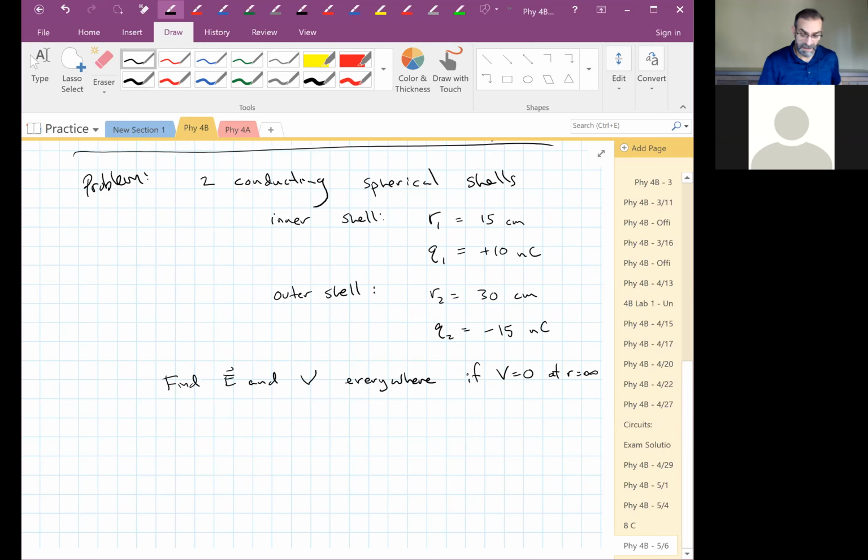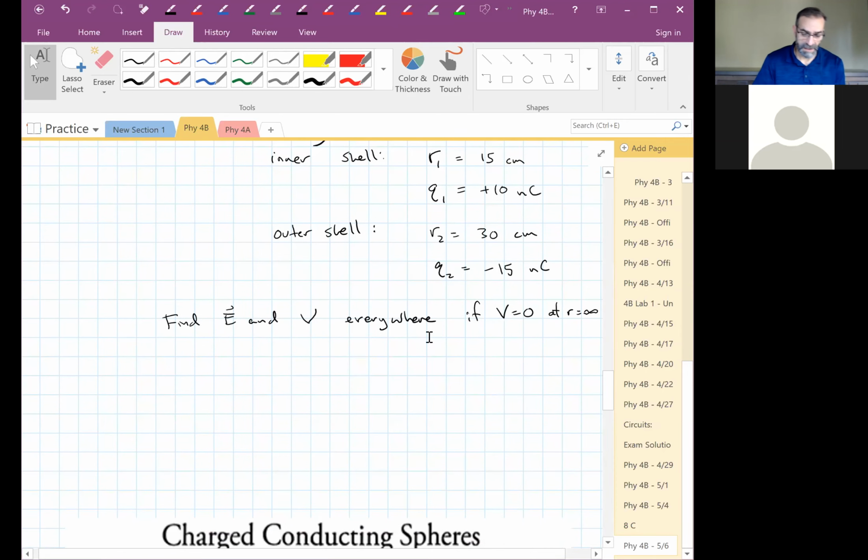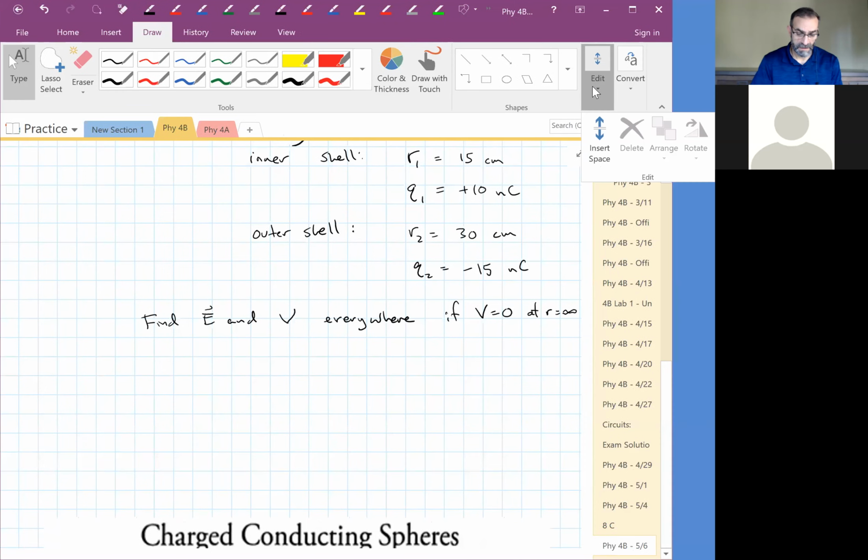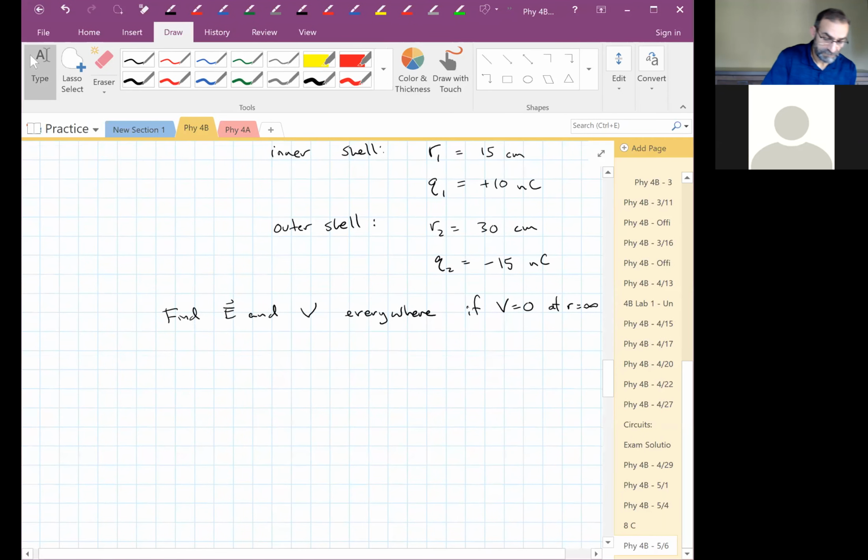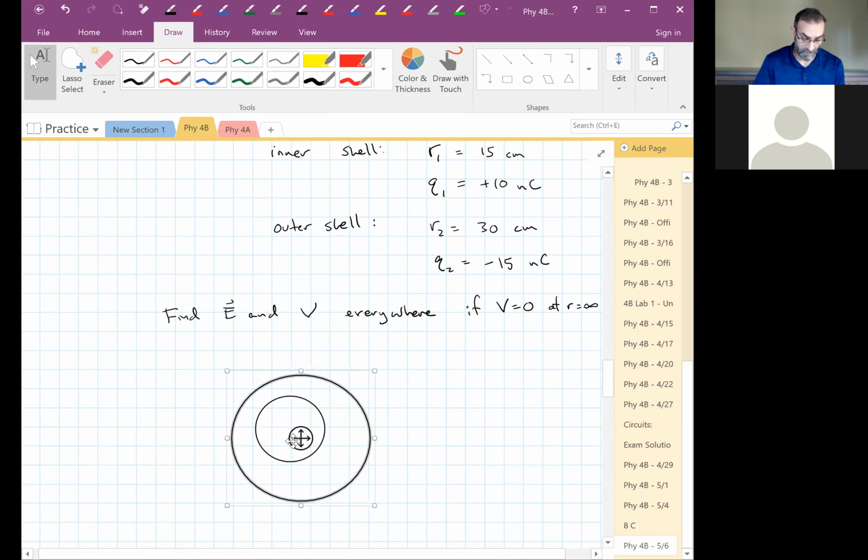Okay, so these are thin. Usually when we have a shell, we say it has some thickness to it, an inner radius and an outer radius. Here we're saying the shells are very thin. We're just saying it has one radius. It's a very thin walled shell. So we have a circle that's something like that, and then a second one that's twice as big.